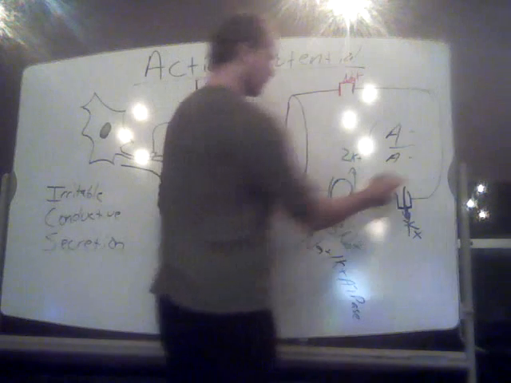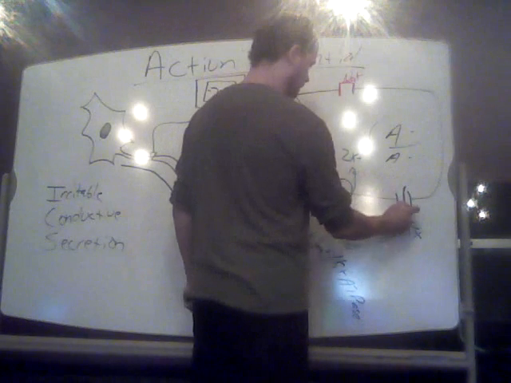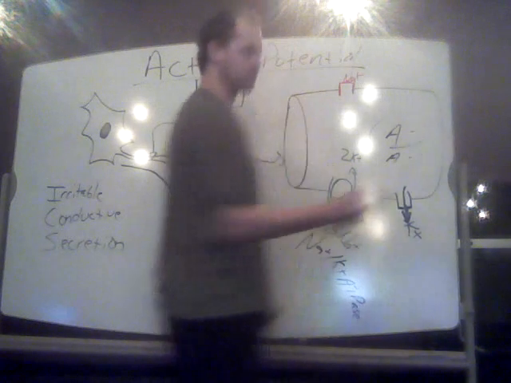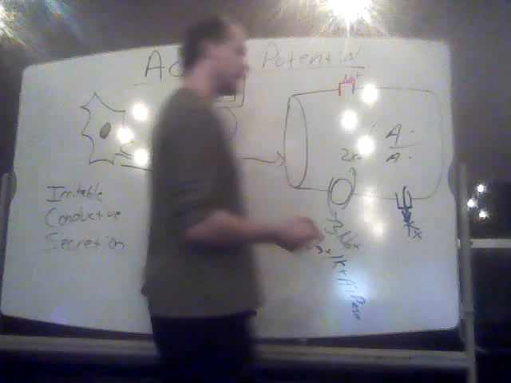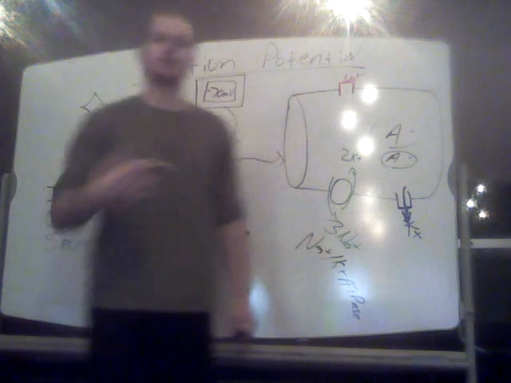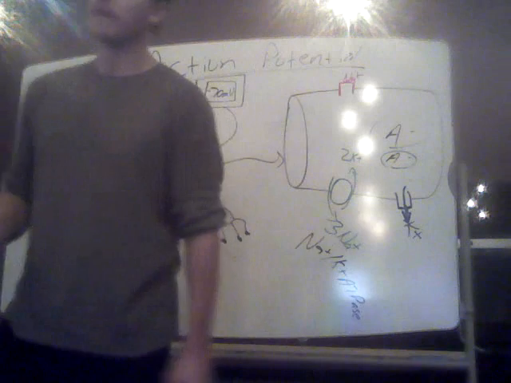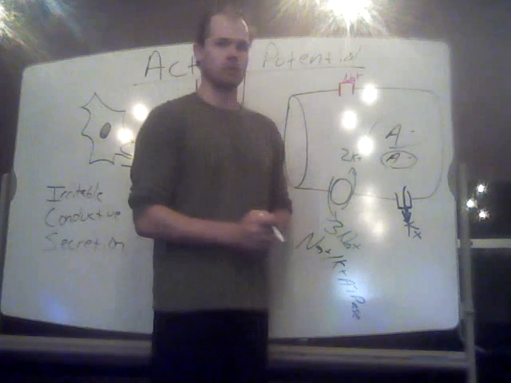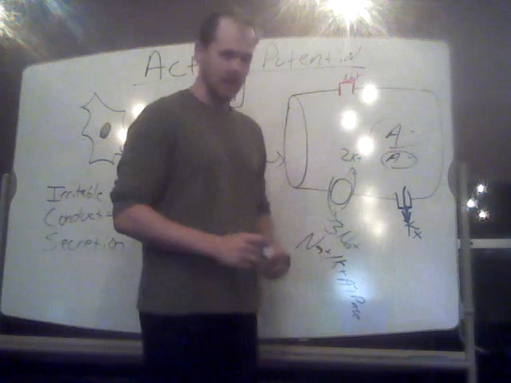So basically, potassium is going to slowly leak out because of this concentration gradient difference. But eventually the inside of the cell is going to get more and more negatively charged, and that's going to start to exert a pulling force on the potassium.